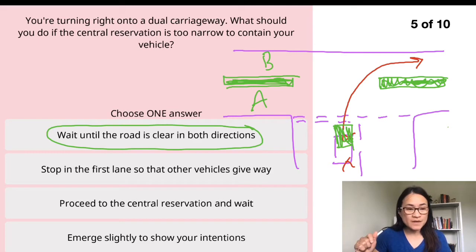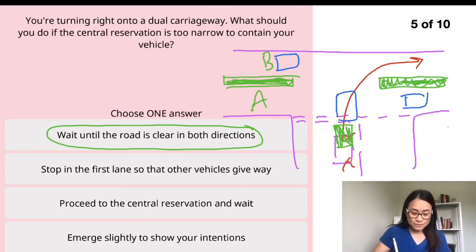Next one said stop in the first lane so that other vehicles give way. This choice is telling you to stop in the first lane. You don't want to do it like this because you're blocking the road. You obstruct this guy here, so be careful, do not do that. The third one said proceed to the central reservation and wait.